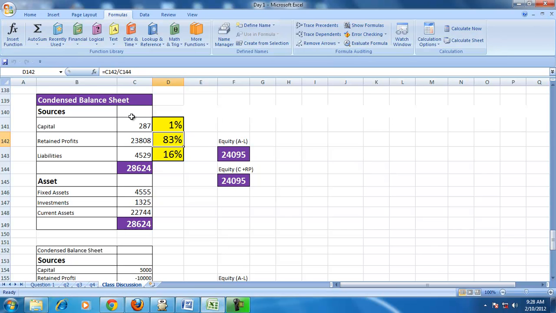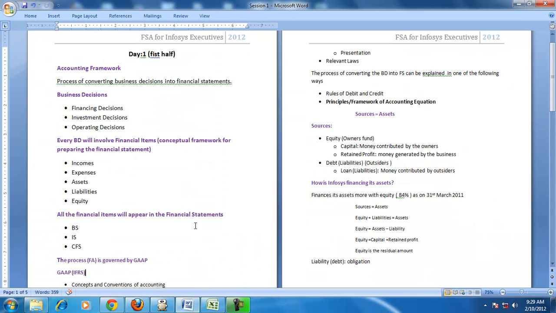And this is called an equity financed company because a large percentage of the sources are in the form of equity. Equity can be computed as assets minus liabilities, or as capital plus reserves, and equity is called the residual value, the residual amount that the shareholders receive after meeting all the obligations, both statutory and contractual.